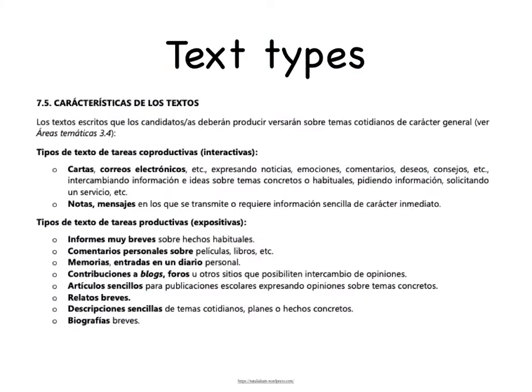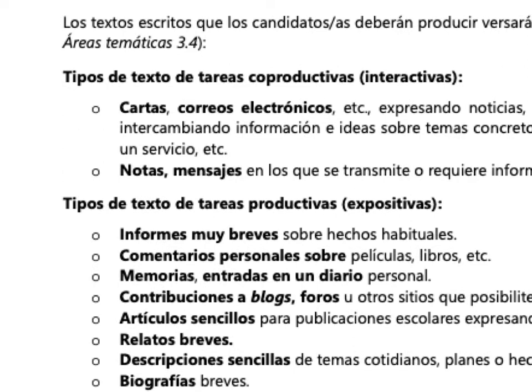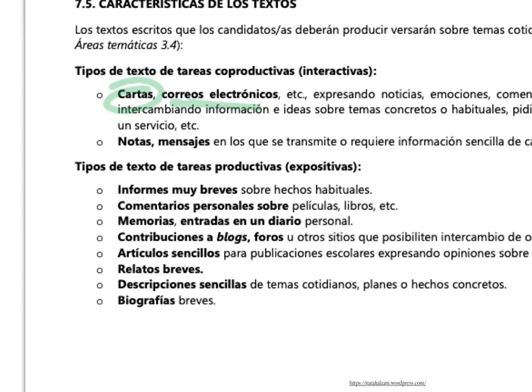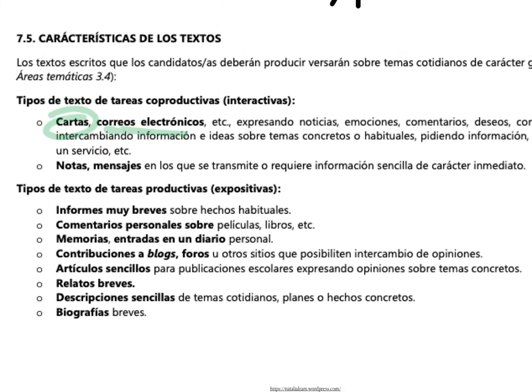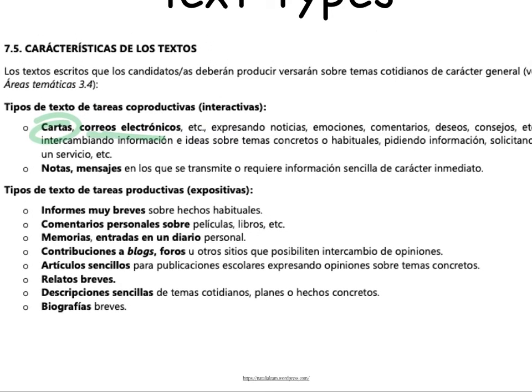Okay, and these are basically the types of text that students are supposed to be writing. For the first one, what they say is co-productive or interactive writing, you have basically 2 types. You have letters, emails, etc., telling news, emotions, making comments, wishes, tips, exchanging information, ideas, whatever?